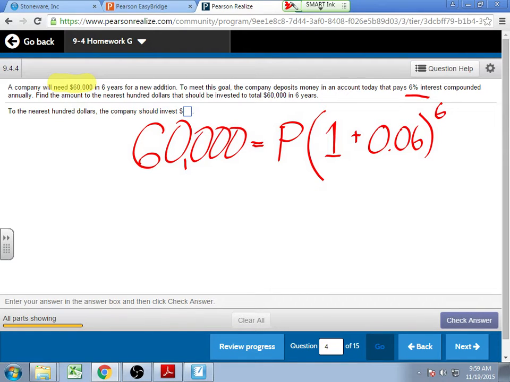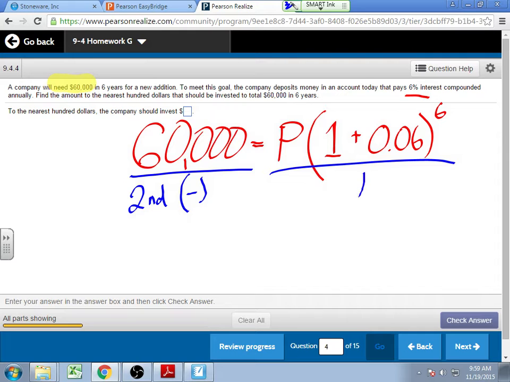So we calculate what this is, and again, this is where the whole leave it in your calculator thing comes into play. So you would type 1.06 to the 6th. You get 1.4185191112. Leave it there. Then type in your 60,000 and divide it by the second and then the negative symbol, which will really plug in the answer from before.